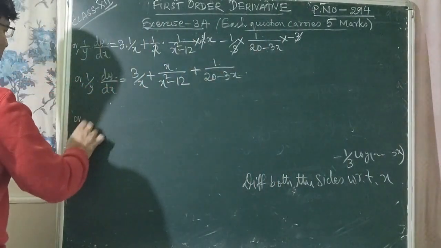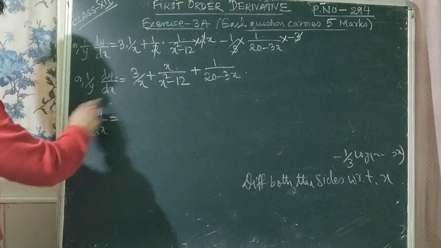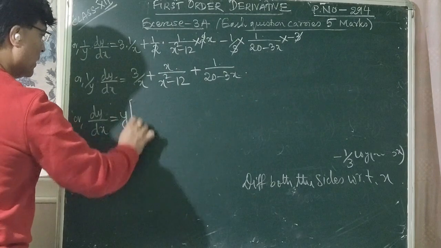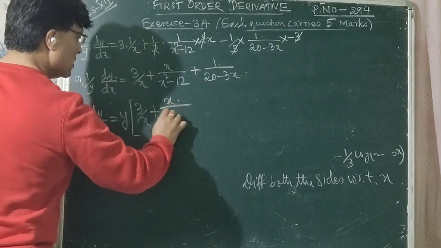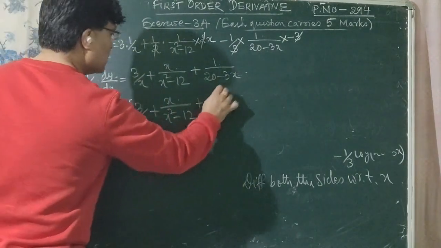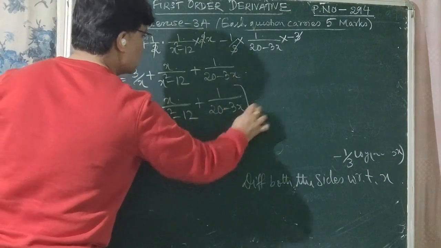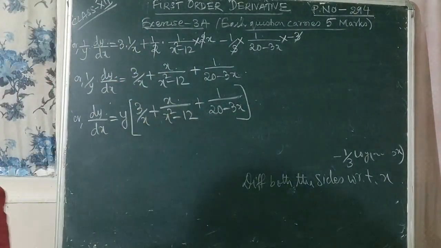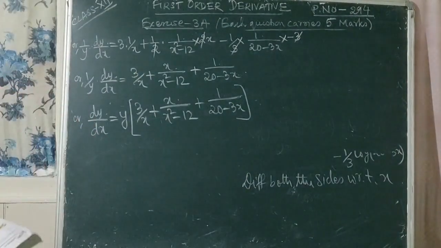Cross multiply by y, so dy by dx is equal to y, and within third bracket 3 by x plus x upon x square minus 12 plus 1 upon 20 minus 3x. So here third bracket is closed. Is that understood?